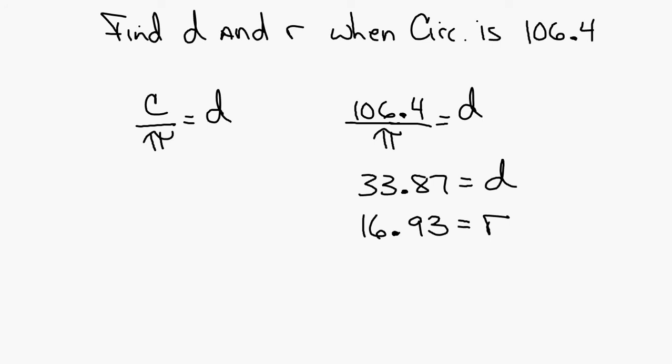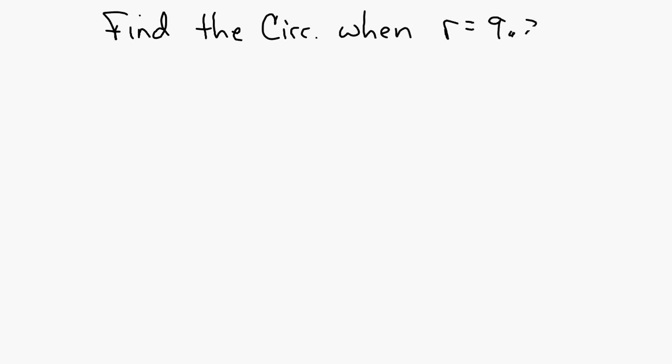Any questions on that? Circumference is just plug it in, right? Circumference equals pi times diameter, or circumference equals 2 times pi times radius. If you have to find the circumference when radius equals 9.2, to the nearest hundredth, circumference equals 2 pi r.